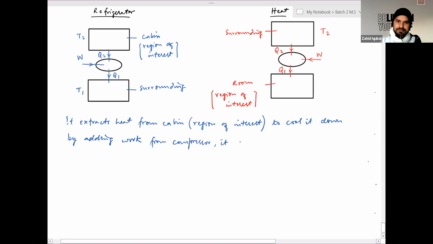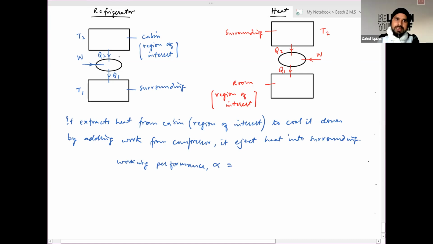It ejects heat into the surrounding at higher temperature. So the working performance related to this part is denoted by alpha.